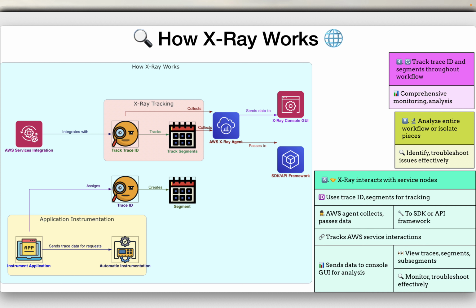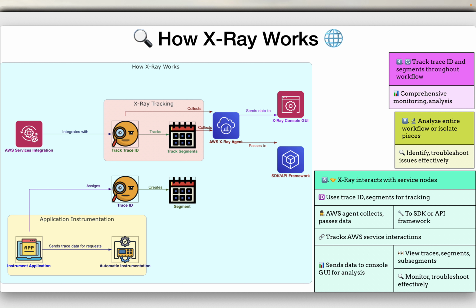X-Ray interacts with service nodes. You use trace ID and segments for tracking. So X-Ray uses a trace ID and segments to track individual interactions between your application and service nodes or components. An AWS agent collects the trace ID and associated segments and then passes them to an SDK or API trace framework for further processing.